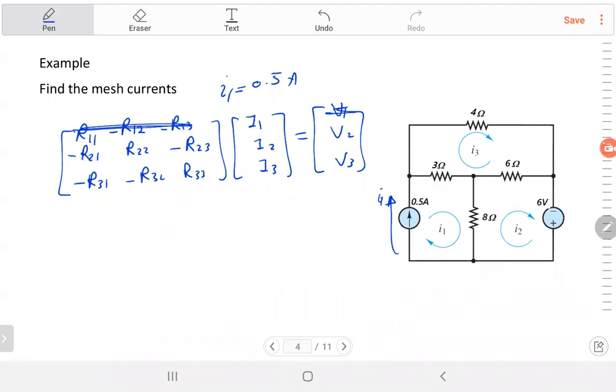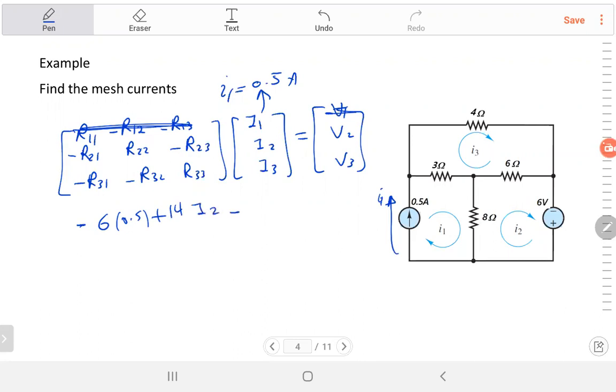Minus R21 times I1. What's R21? It's between 2 and 1, which is 6 ohm, times I1. You know I1 is 0.5. Plus R22, which is 14, times I2.